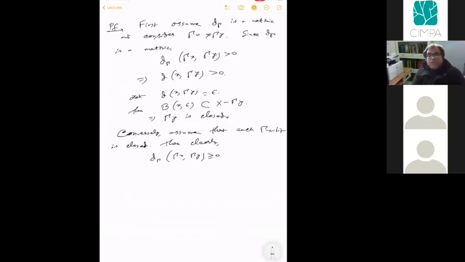Now you have to prove that if they are equal, then the distance is 0.